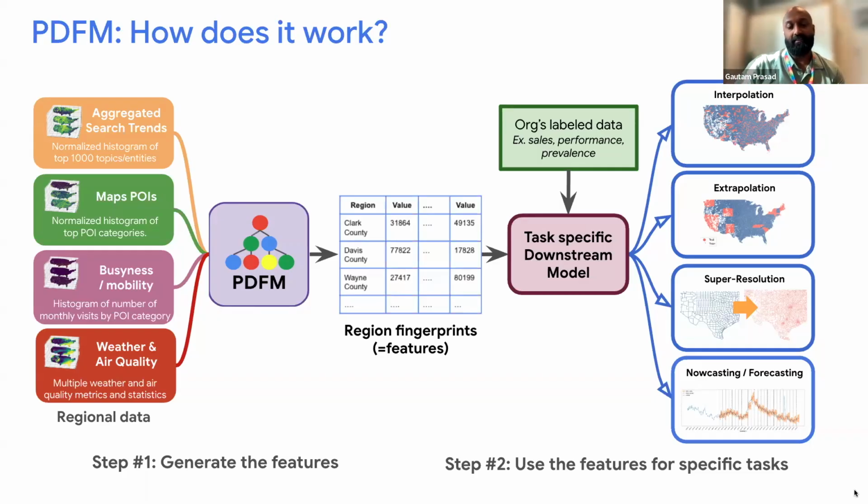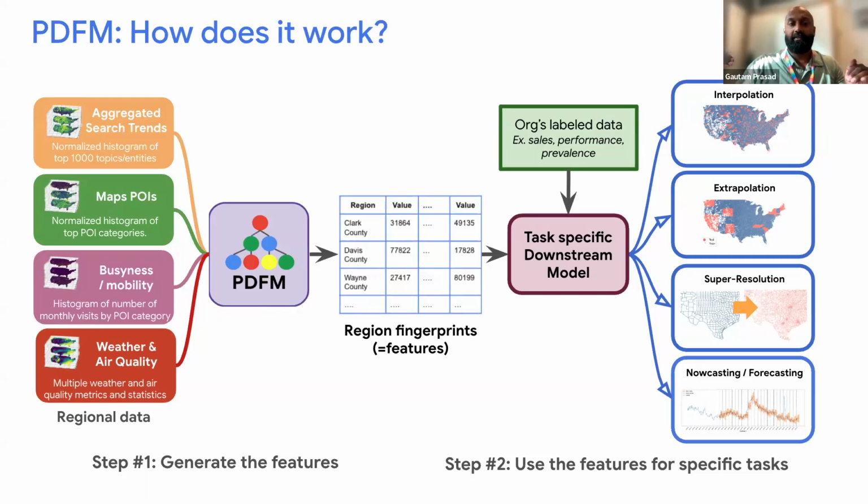So for the cases of this webinar, we're focused on the US, and the administrative regions we're analyzing are zip codes and counties. So for each of those zip codes and counties, we've taken the frequency of the top 1,000 search trends. So you can think of the frequency being very different between zip codes or counties.